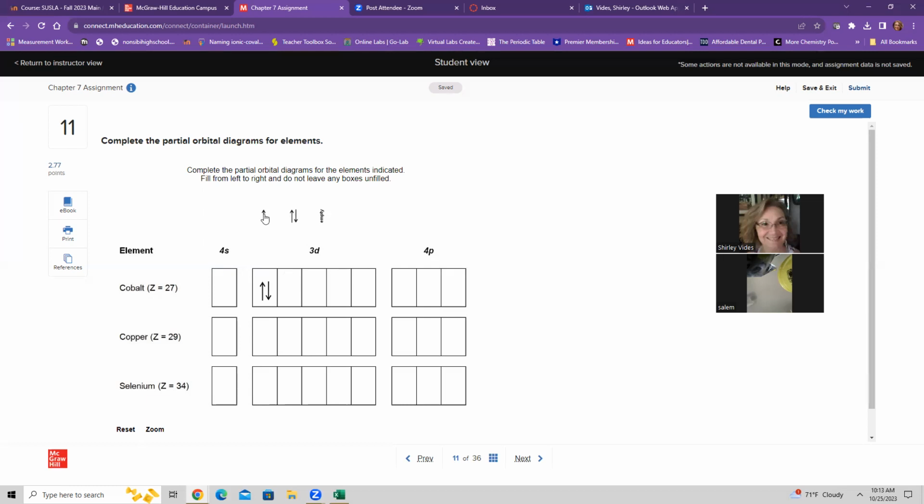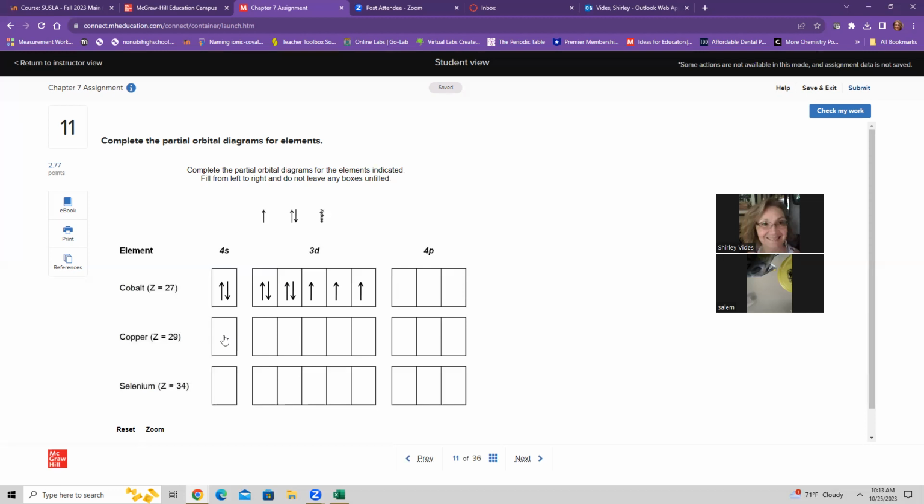So we got 1, no, that would be 2, doubled, because it's 7. So it's 2 plus, the half all full, right? And the other half not full, the other three not full. So that makes it 7. And the 4s is full. And there is no 4p because cobalt stops there.